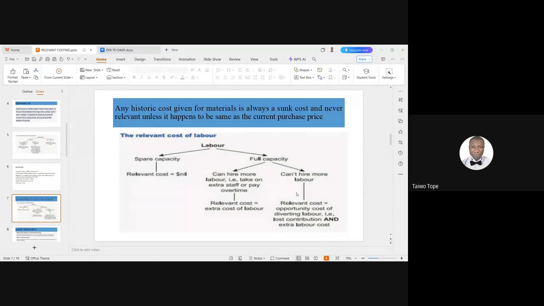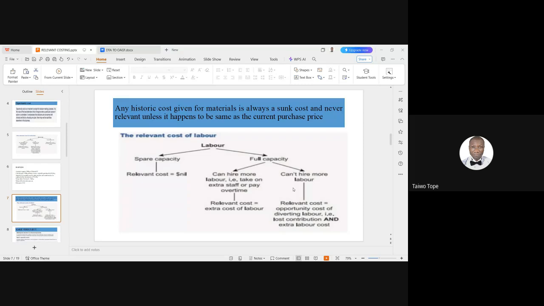So the opportunity cost, or the relevant cost of that decision, is the 20 naira we'll lose by moving you from department A to B.